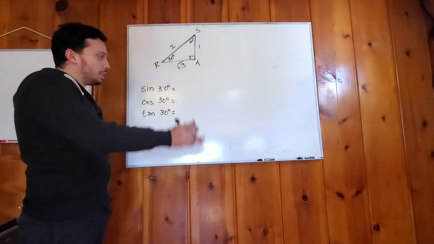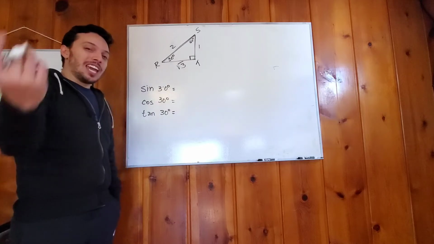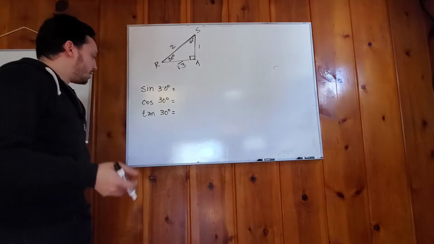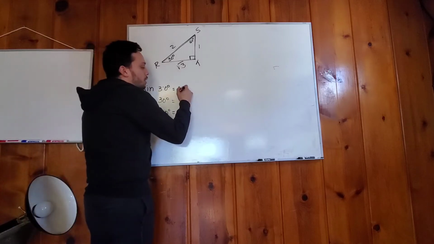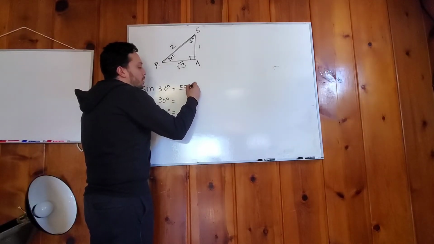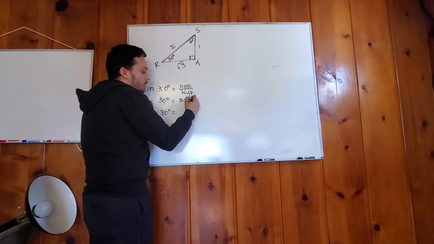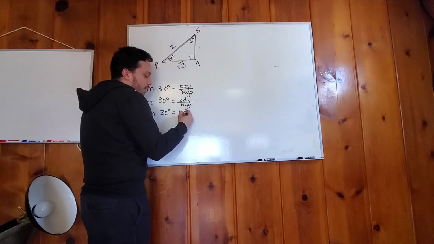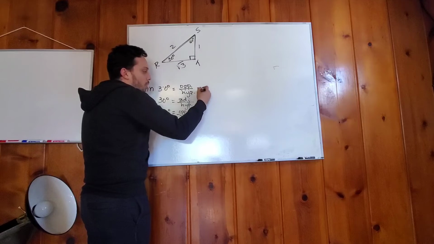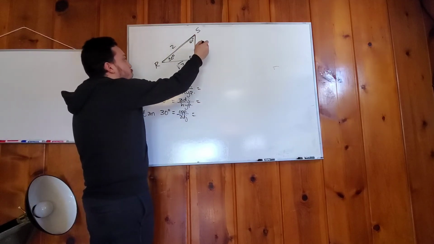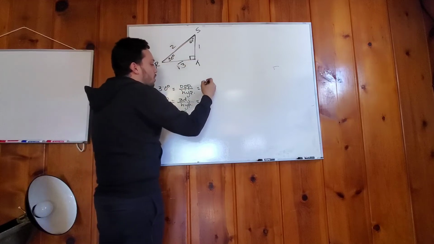So now that we did that, we are able to find the sine, cosine, and tangent. Very important: this one is going to be opposite over hypotenuse. This one is going to be adjacent over hypotenuse. And this one is going to be opposite over adjacent. Sine of 30 degrees: the opposite side is 1, the hypotenuse is 2.